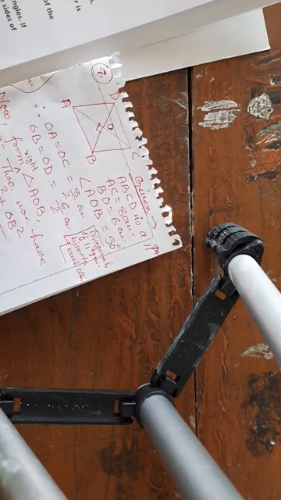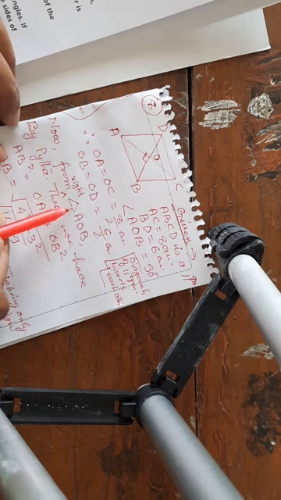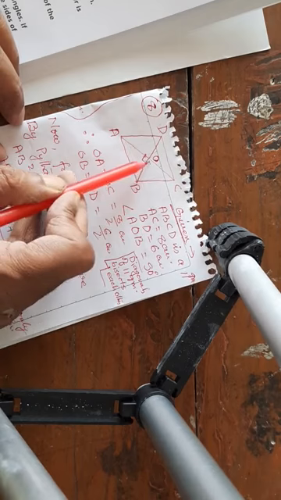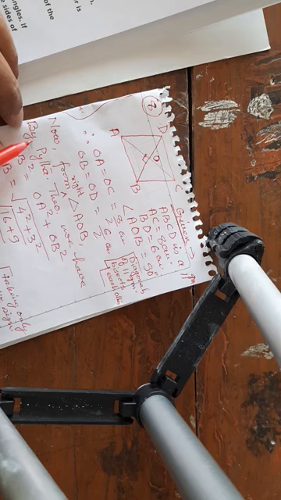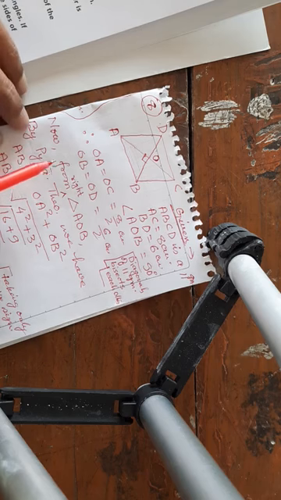From right triangle AOB, using Pythagoras theorem. In Pythagoras theorem, we know that square of hypotenuse is equal to the sum of squares of other two sides.